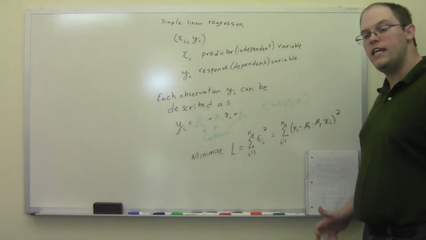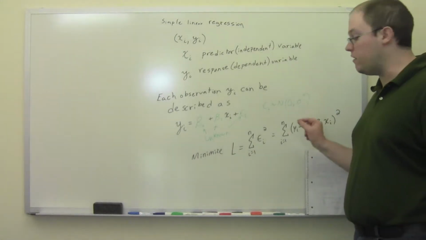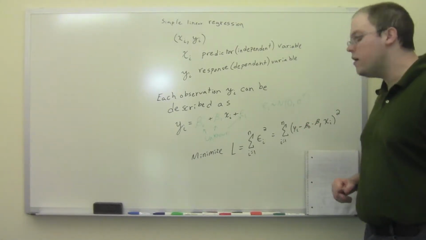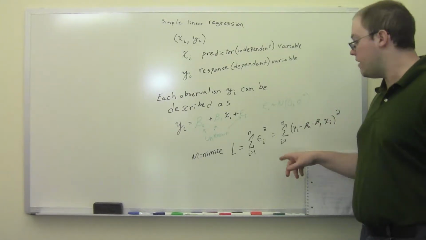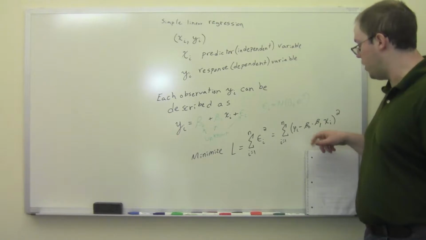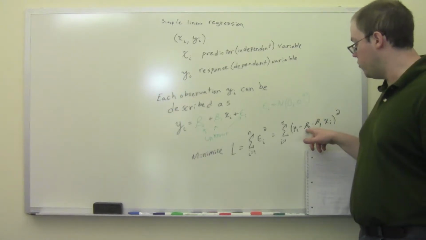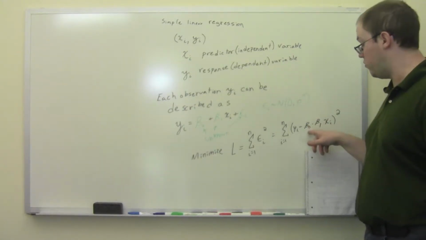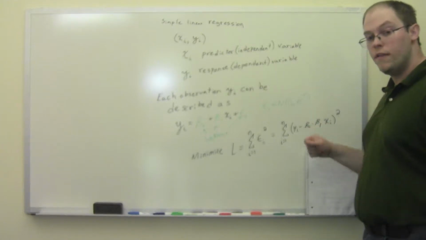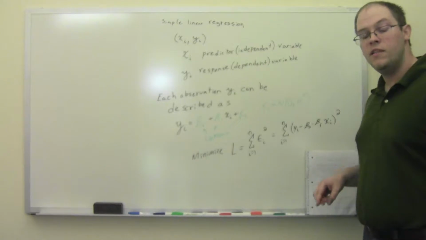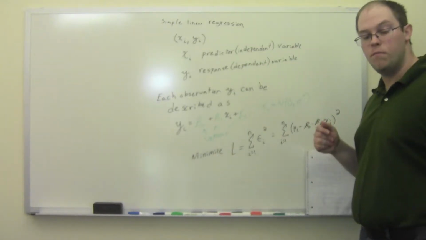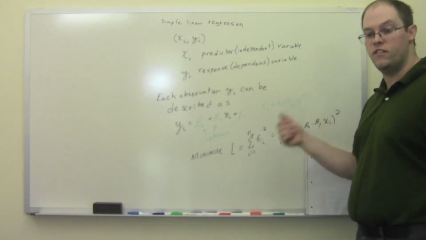So in other words, I want to pick my beta 0 and my beta 1 to minimize this expression. And what you could find the details of in the textbook is how exactly that minimization is conducted, and it's what you are probably already familiar with from calculus. We take the partial derivative of this expression with regard to beta 0, and the partial derivative with regard to beta 1. That's going to give us two equations, both of which are set equal to 0.